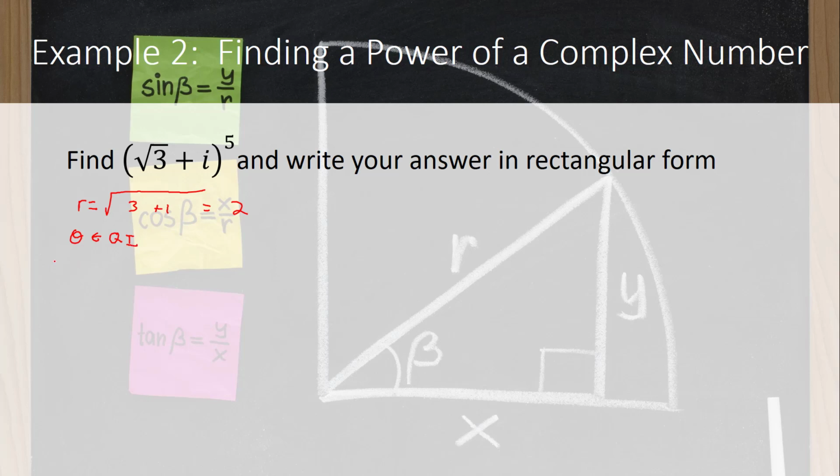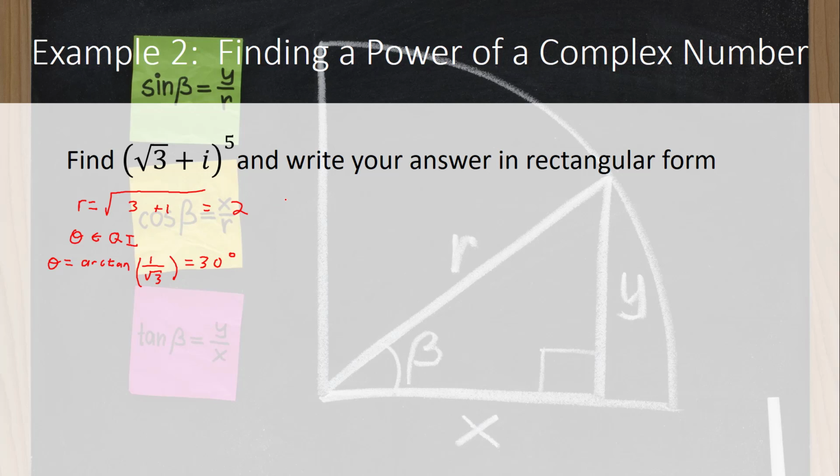And that means that theta will actually be equal to the arctangent of the imaginary part, which is 1, divided by the real part, which is the square root of 3. And that will give us 30 degrees.